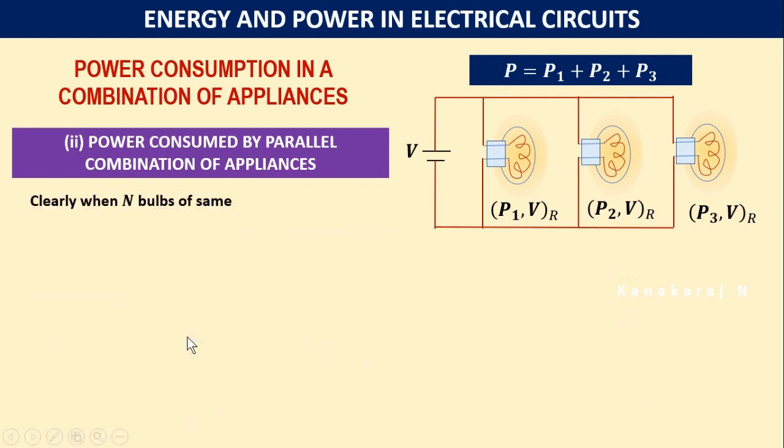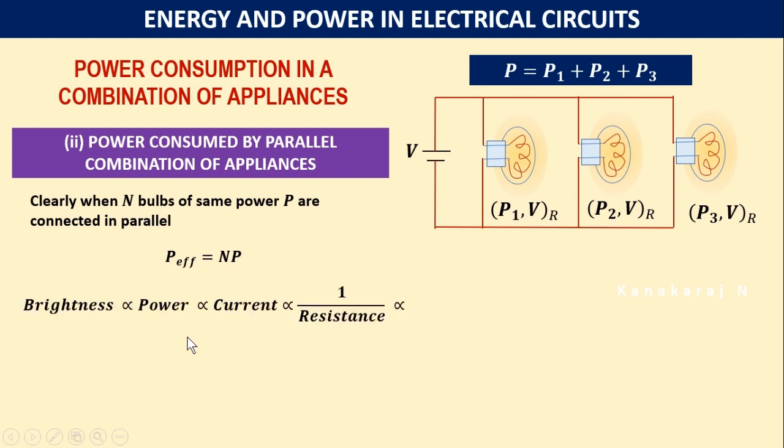Clearly, when n bulbs of same power P are connected in parallel, then the total power equals n times the power of each bulb. Brightness is proportional to the power, that is proportional to the current, which is proportional to 1 by resistance, which is proportional to the rated power.